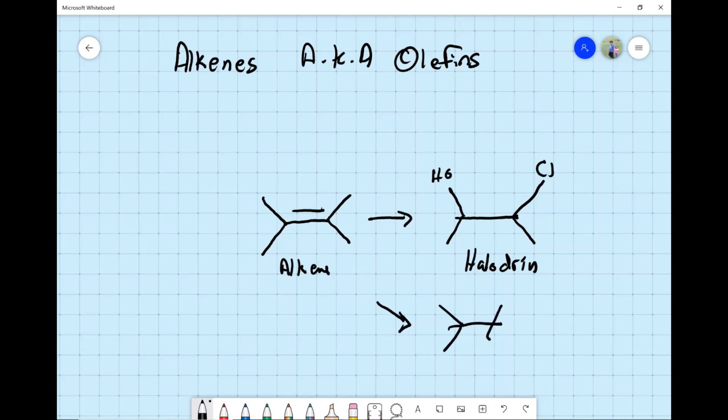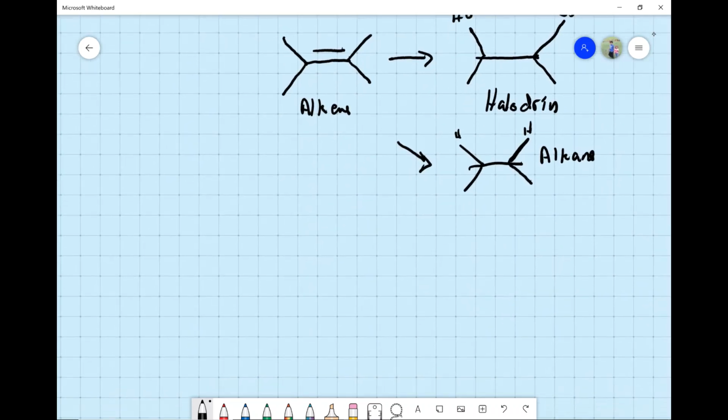So we have a single bond. So it leads to alkanes. And we've seen this before, where it can lead to a carboxylic acid.